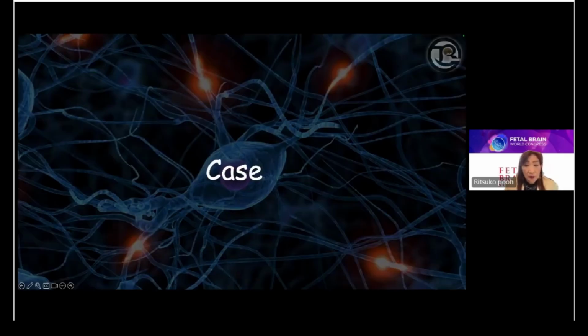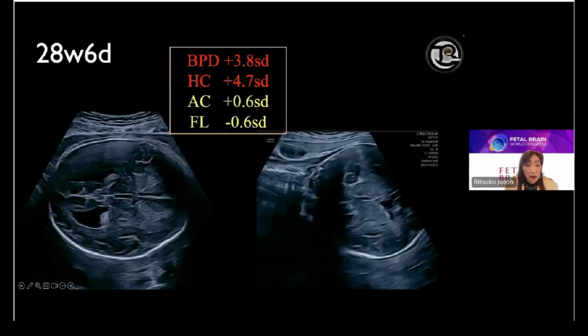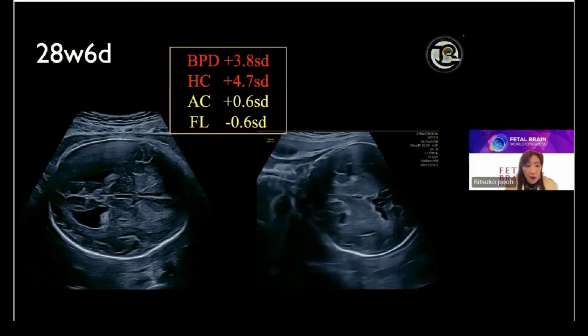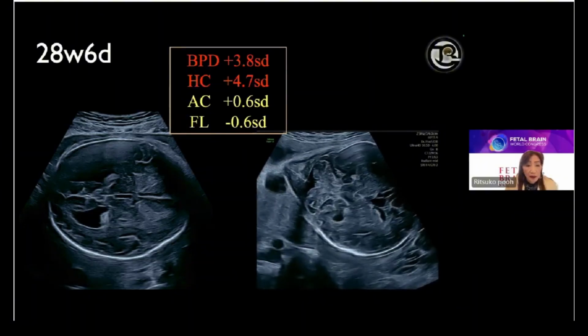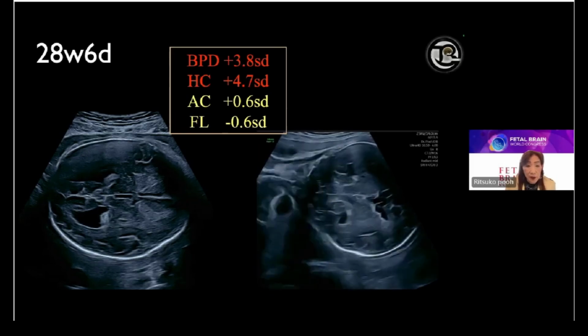The next case, this is BPD 3.8 standard deviations, HC 4.7. Here you can see the transabdominal sonography, and there's no specifically obvious ventriculomegaly.